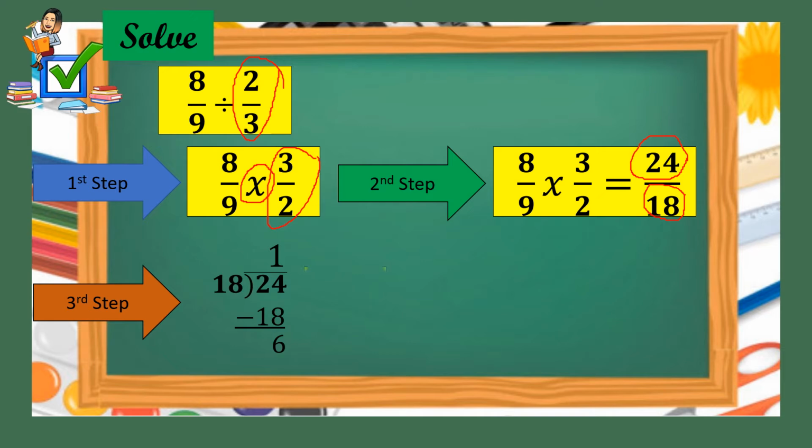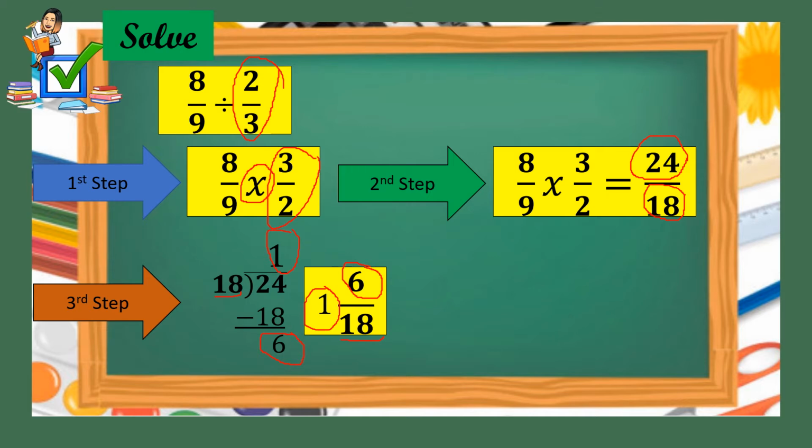So write 1 as the whole number, write 6, the remainder, in the numerator, and then 18 as the denominator. So the answer will be 1 and 6/18.